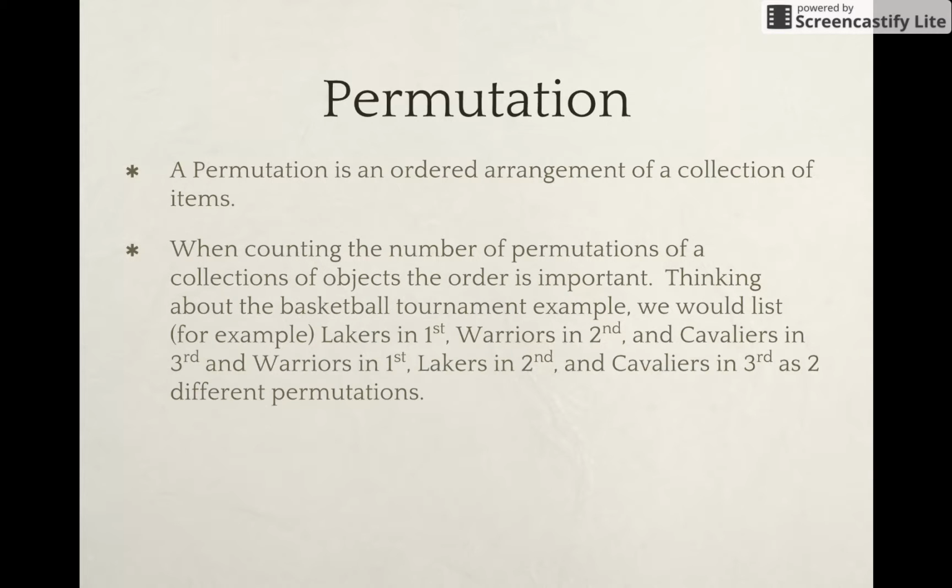Thinking about the basketball tournament example, we would consider the Lakers coming in 1st place, Warriors in 2nd, and Cavs in 3rd to be a different outcome than Warriors in 1st place, Lakers in 2nd place, and Cavs in 3rd. And in fact, we could come up with several other arrangements of these 3 teams that we would consider to be different. For example, what if the Cavs came in 1st place?